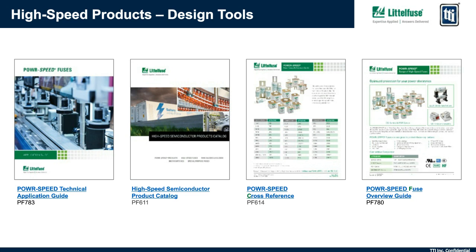In addition to that, we have our high-speed fuse catalog specifically, which is available online, and some other selling tools we have is a cross-reference, which helps you when looking at a competitor's product name, let's say a Bussmann or Mersen fuse, and how that would cross-reference to our fuses.